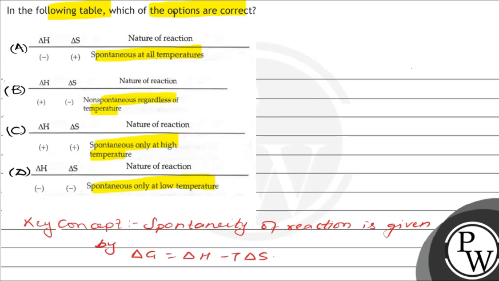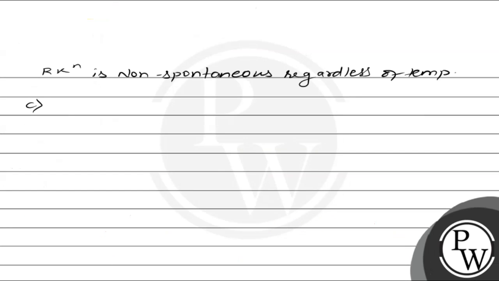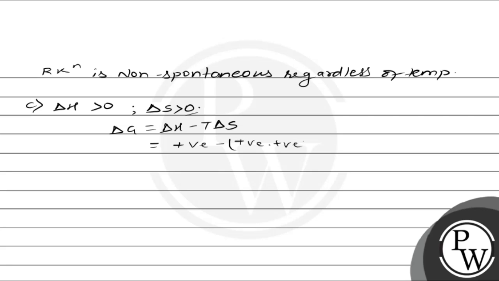Option C is delta H is positive and delta S is positive. So delta G equal to delta H minus T delta S. This means positive minus T, which is positive, and delta S is positive.